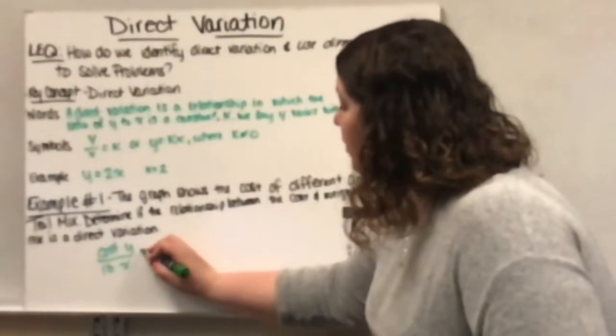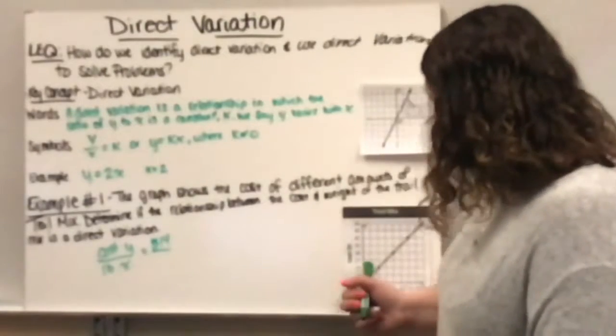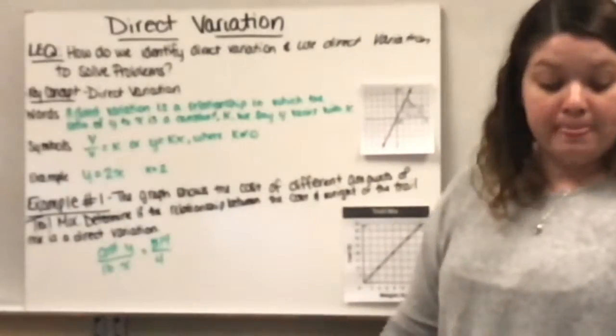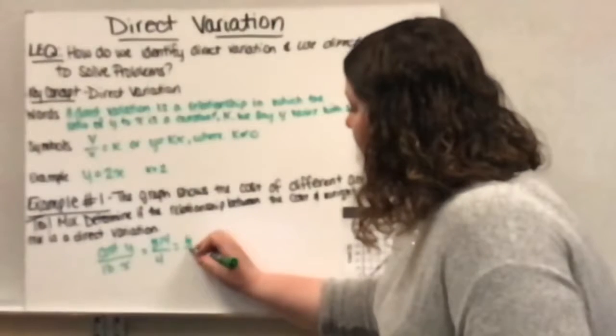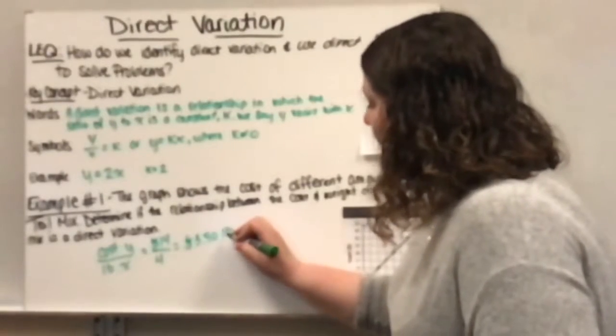So the first one says $14 for 4 pounds. If we were doing the unit rate here, that would come out to $3.50 per pound.